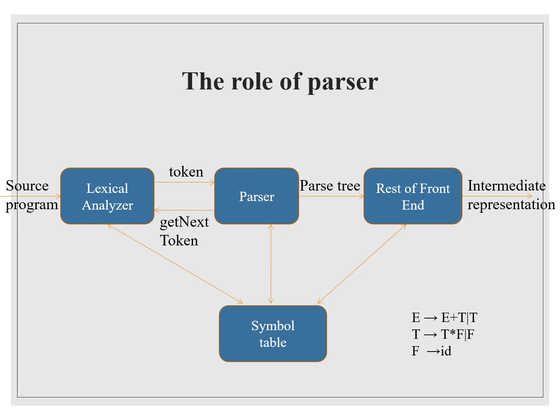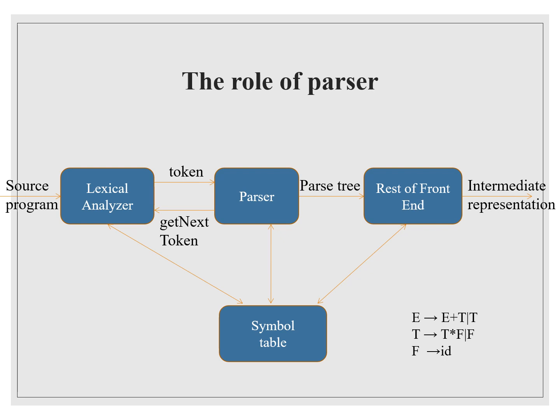For well-formed programs, a parser constructs a parse tree and passes it to the rest of the compiler for further processing. Therefore, the parser and the rest of the front end could well be implemented by a single module. Generally, there are two types of parsers for grammar: the top-down parser and the bottom-up parser.